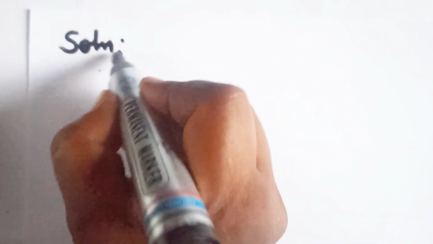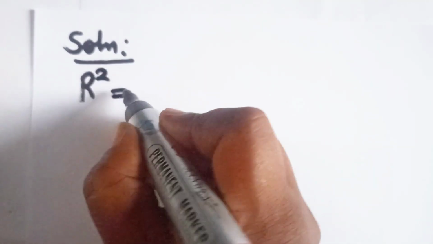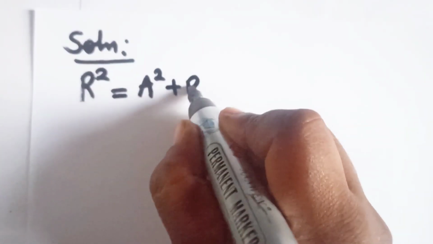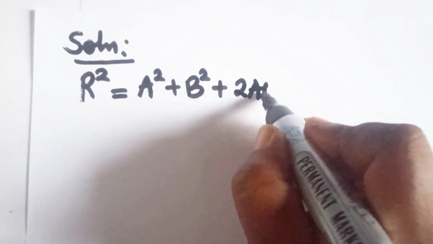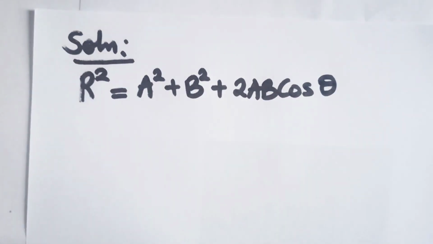Solution. According to the triangle law of vector addition, the magnitude of R is given by R squared equal to A squared plus B squared plus 2AB cos theta.